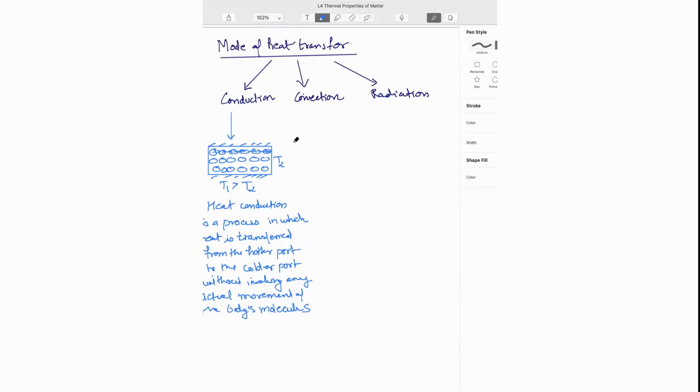Now let's look at convection. In convection, there is actual movement of molecules due to some mass transfer.